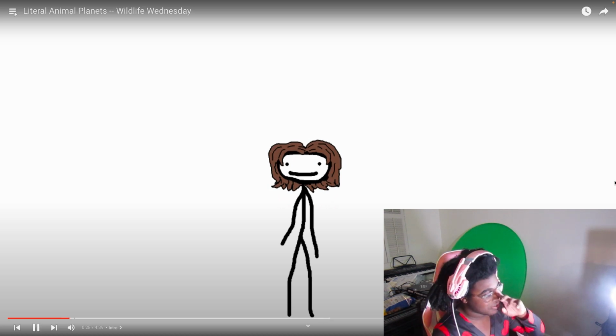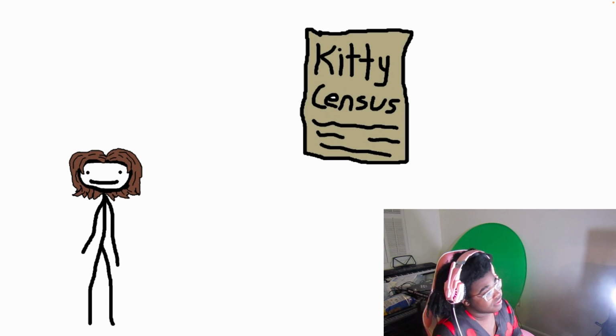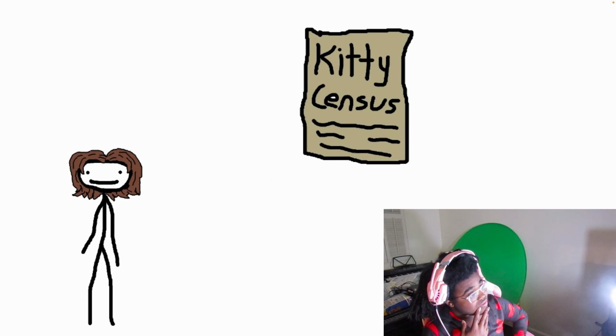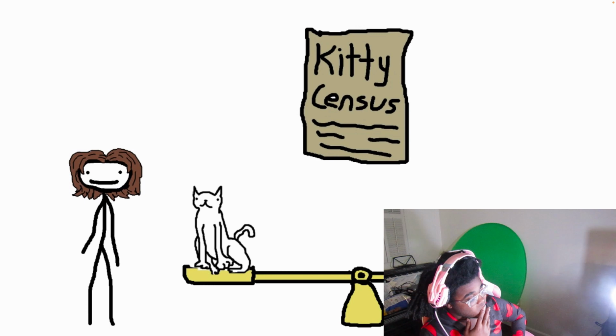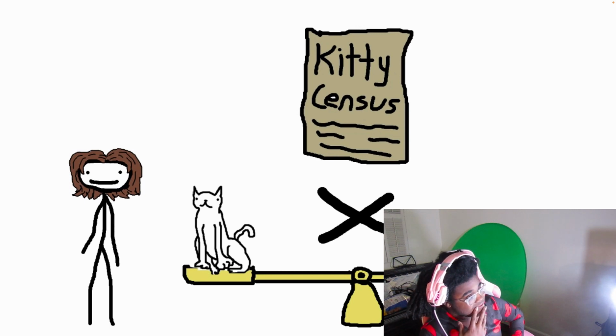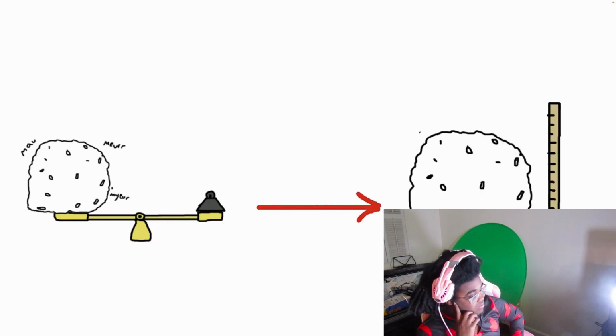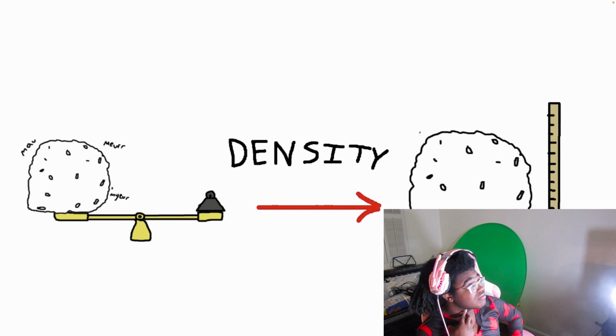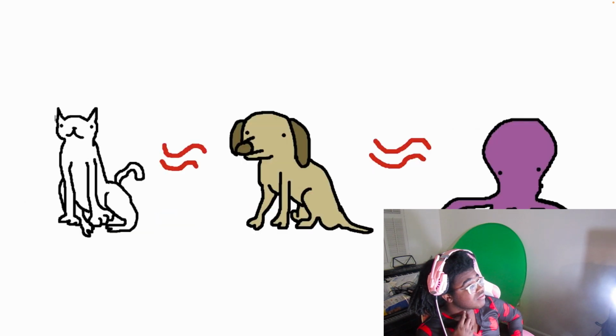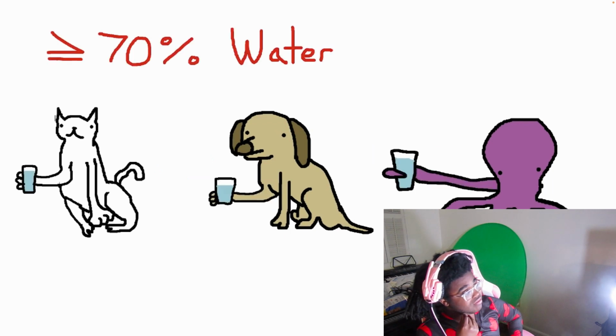But before I show you my findings, I'll quickly go over my process. First, I found the full population of a given creature or set of creatures. Then I would take the average weight of that creature and multiply the two together to get the total mass of that creature on Earth. To go from mass to volume, however, you still need the density of whatever you're measuring. Fortunately, the density of all animals is quite similar, partly due to the fact that the vast majority of creatures are at least 70% water by weight.